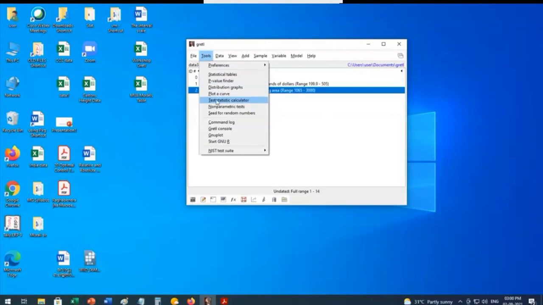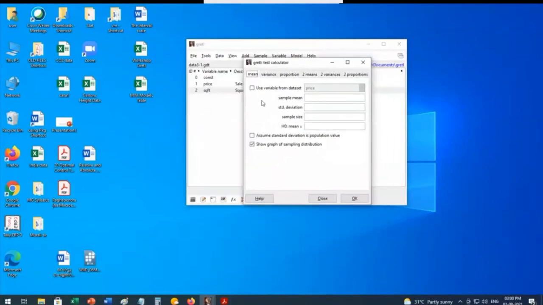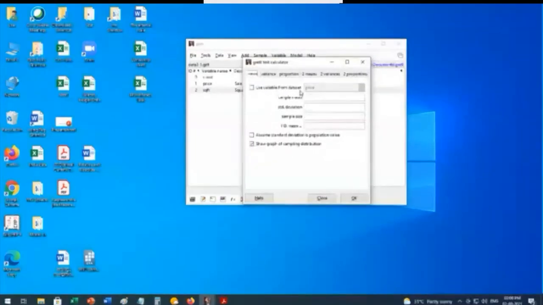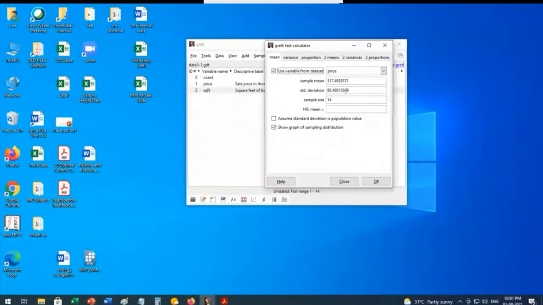So I am clicking this test statistic calculator, and see, now here we have used variable from dataset. So I am clicking this one, and either we can take price or square feet. So the information has been entered already here.